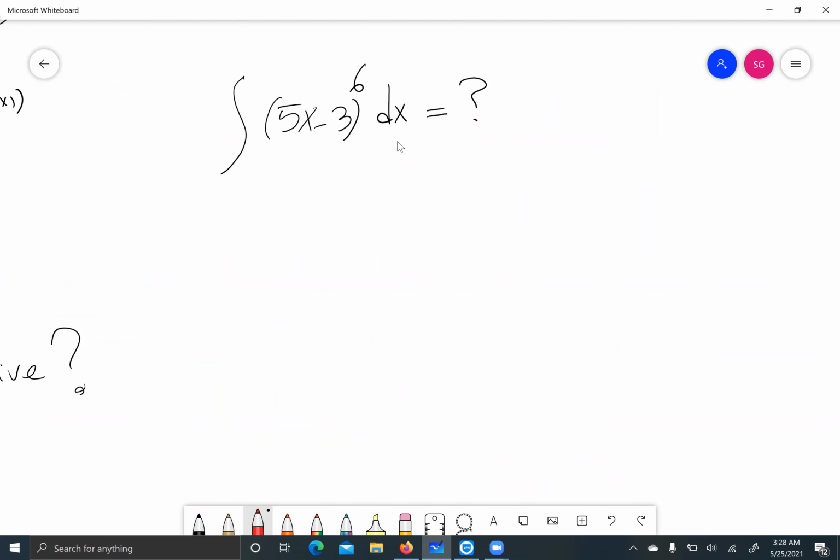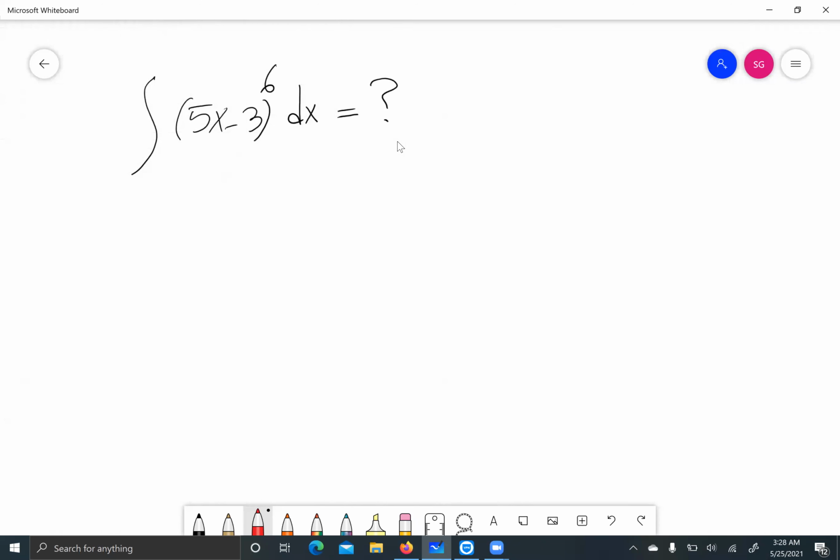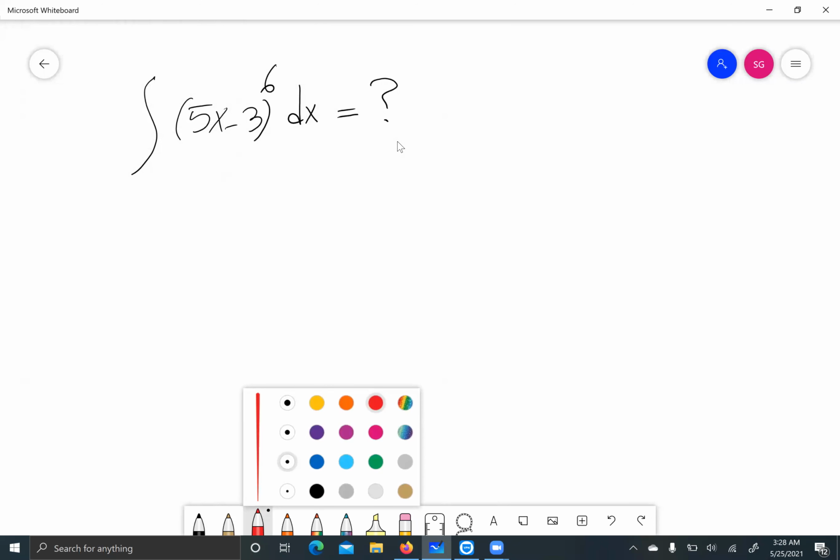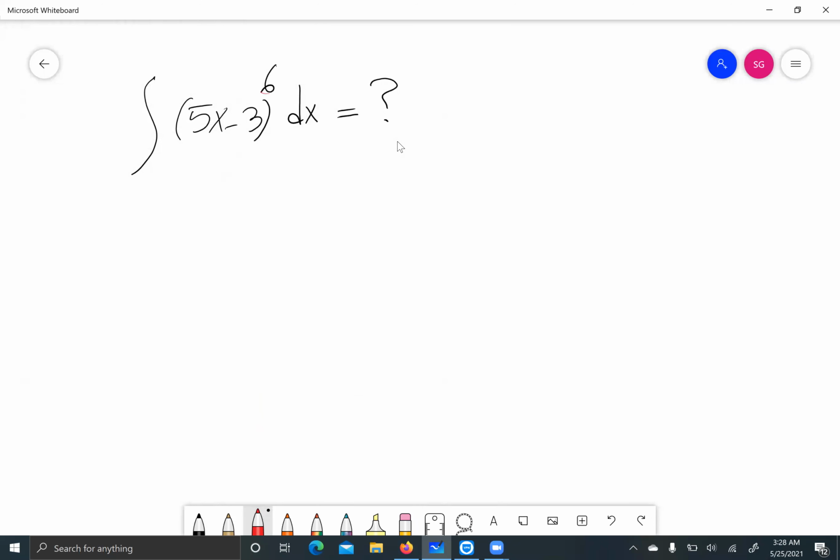Think about inner function and outer function one more time. This is a composition, right? First of all, this is a power function, because you have (5x minus 3) to the power of 6. And since this is not only x to the power of 6, it is 5x minus 3, which is a linear function.